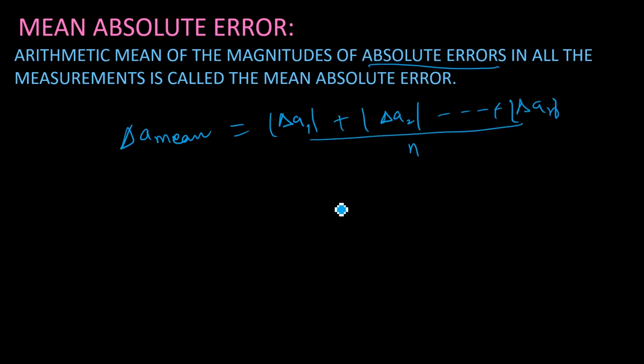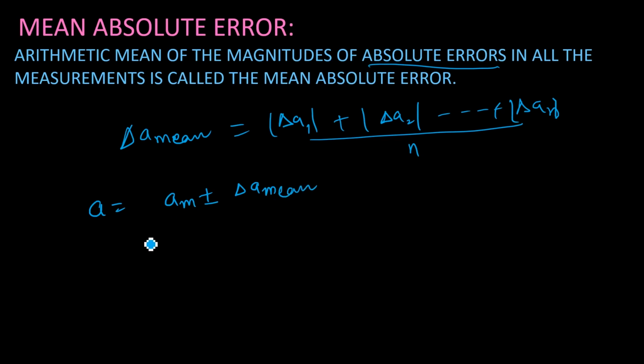Okay, so the final resultant can be written. So what is the final resultant? We will write a equal to a mean plus or minus delta a mean. So a equal to a mean plus or minus delta a mean.